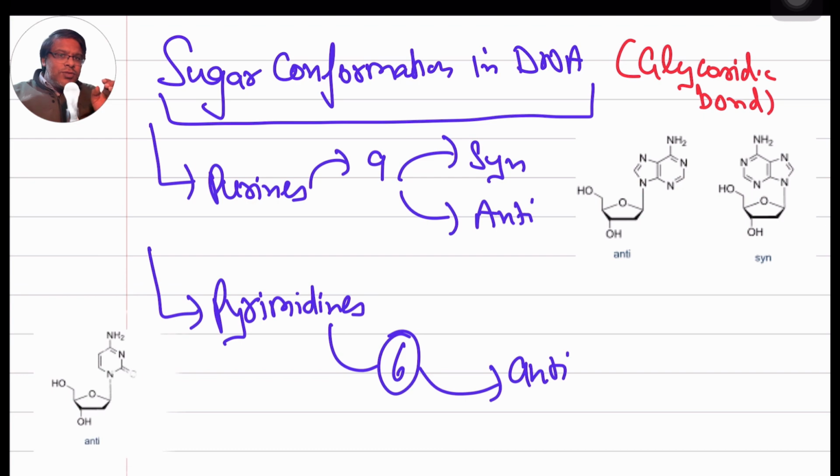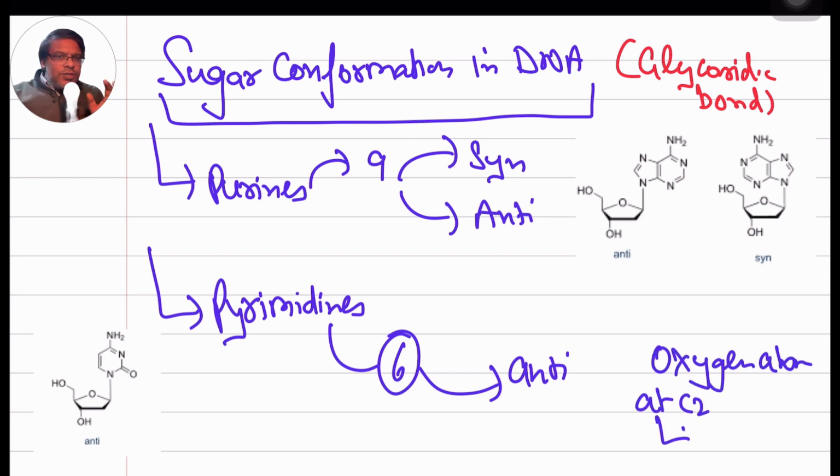So here if you see the structure of the pyrimidines, okay, they are linked through glycosidic bond to the sugar, but here you are going to see only the anti conformation. Now here the question arises, why you are going to see only the anti conformation in the case of pyrimidines.